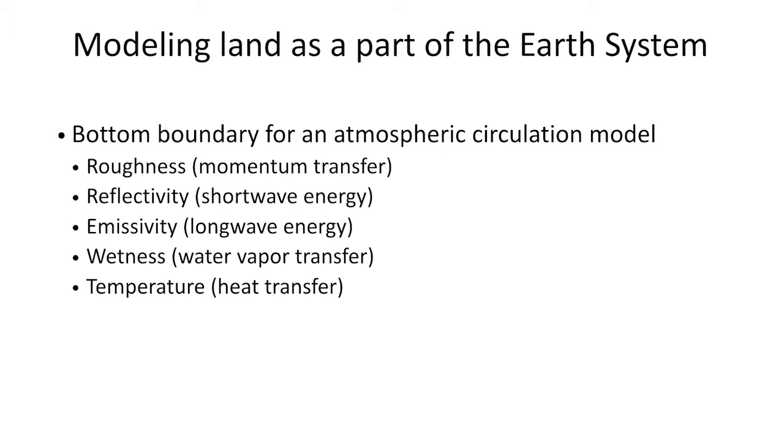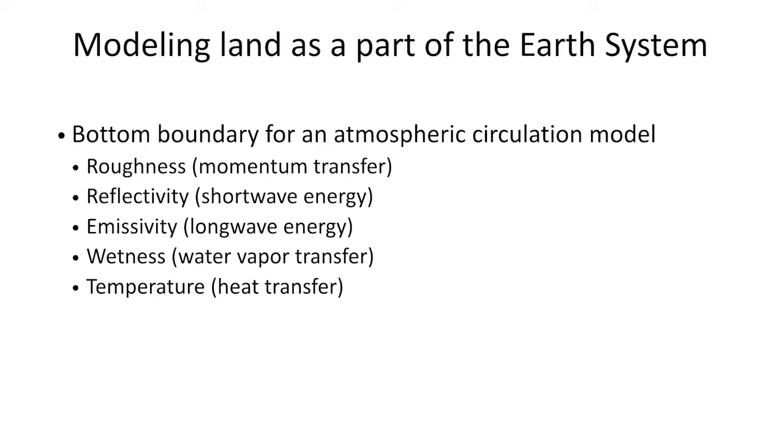And the land at that time was representing just a bottom boundary condition for the atmospheric circulation model. That includes things like roughness for momentum transfer and reflectivity for shortwave energy, emissivity, wetness at the surface for water vapor transfer, and temperature for heat transfer.